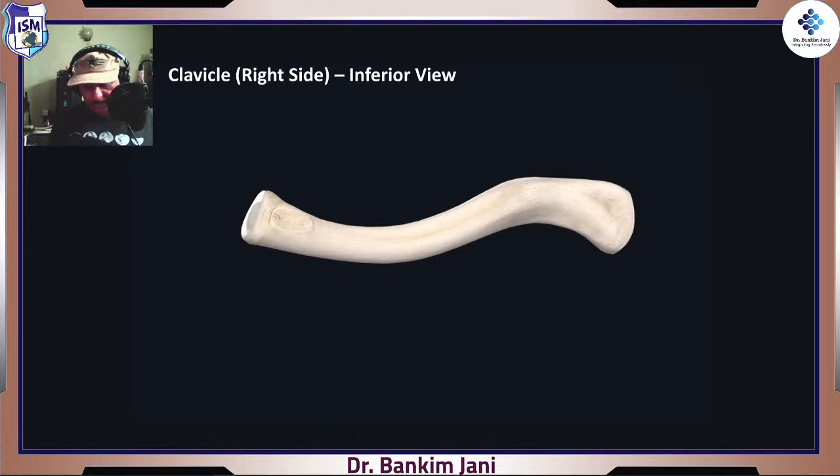Can you see, just let me change the color. Yeah, this portion, I'll erase this, then you appreciate that there is some prominence, some roughness, there is something rough.